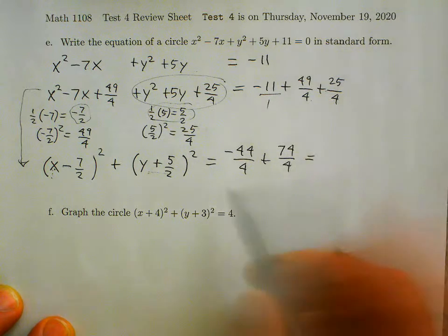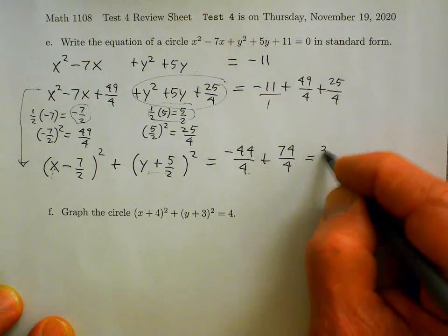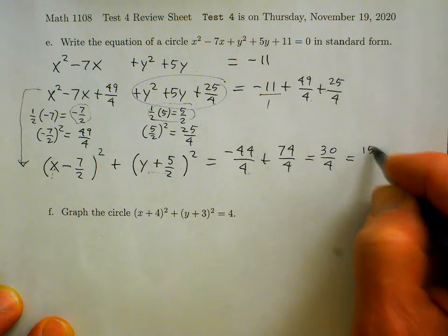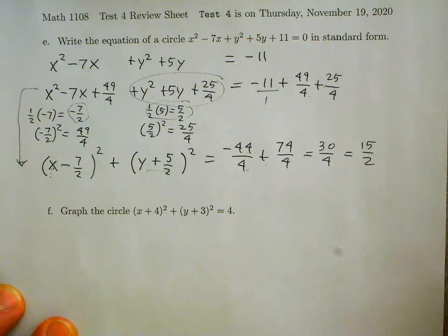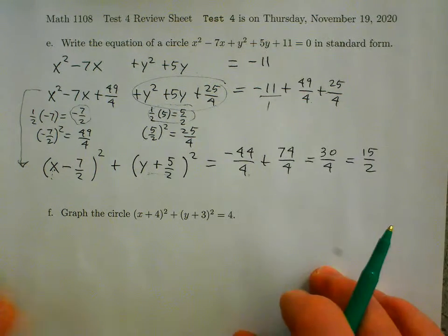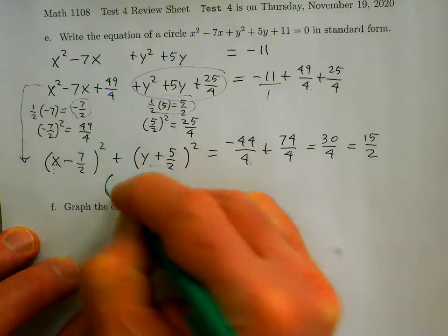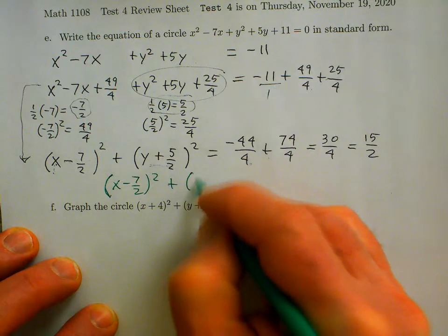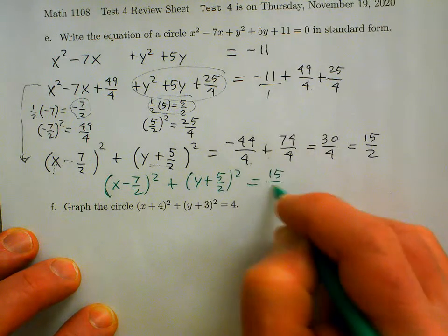And then when we add those, negative 44 fourths plus 74 fourths, we get positive 30 fourths, or 15 halves. So to clean this up a little, the standard equation is x minus 7 halves squared plus y plus 5 halves quantity squared equals 15 halves.